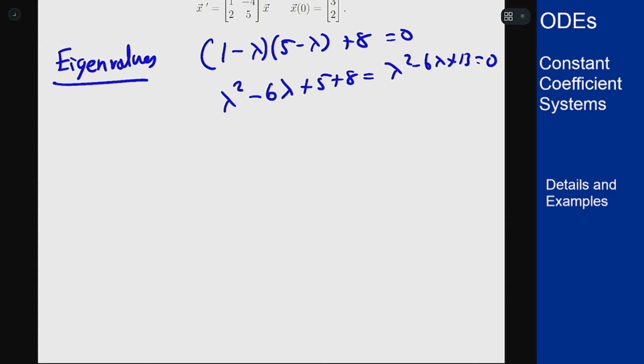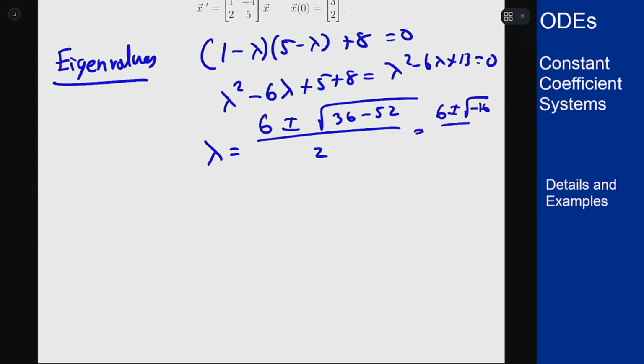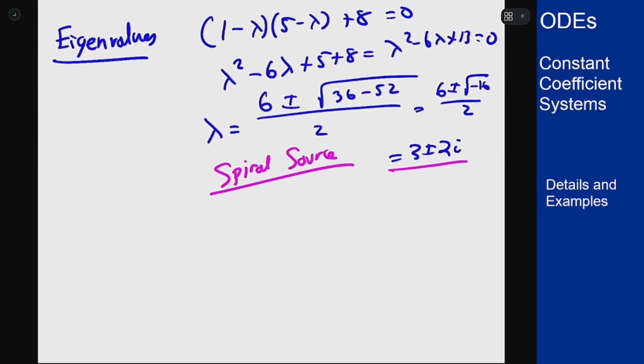So the quadratic formula tells us that λ = (6 ± √(36 - 4·13))/2, which is (6 ± √-16)/2, or 3 ± 2i. So we are in the complex case, which means we only have to find one eigenvector, and we'll get the other one for free, and we'll have to convert this into a real valued solution once we get there. Right now we can see this will be a spiral source because the real part of the eigenvalue is positive. Let's look for that eigenvector.